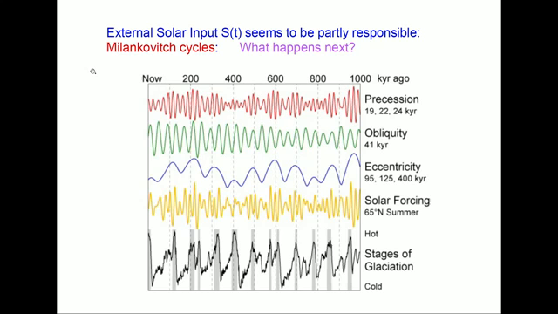You have here various combining effects, which means that the amount of radiation that comes to the Earth from the sun actually varies over periods of tens or hundreds of thousands of years, and this contributes to the way that glacial cycles occur. The link isn't at all clear, and that's what Susan and I and others have been working a lot on, but it's a very important part of that.